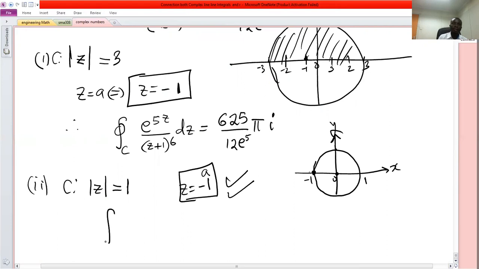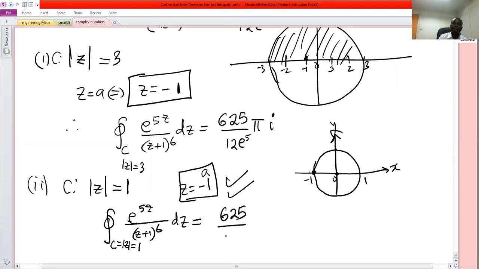So still the integral along C, e raised to the power 5z divided by (z plus 1) to the power 6 dz will still have the same value, 625 over 12 e raised to the power 5 pi I.